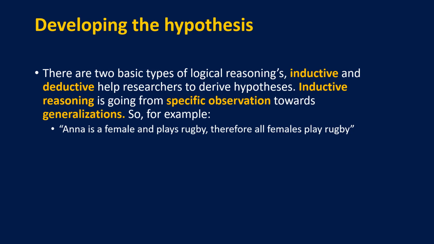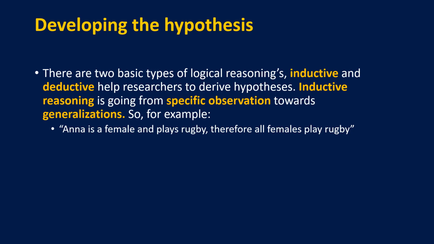So you can see here, this is an inductive example. Anna is a female and plays rugby. Therefore, all females play rugby. So that's inductive reasoning. We've taken an observation, which is that Anna plays rugby and Anna is female, and therefore we're saying we can move to generalization: because Anna is female and plays rugby, all females must play rugby.